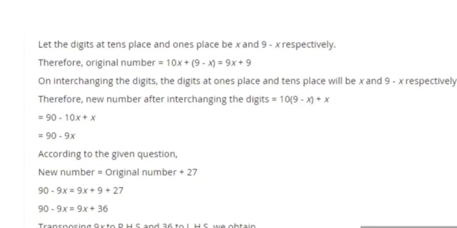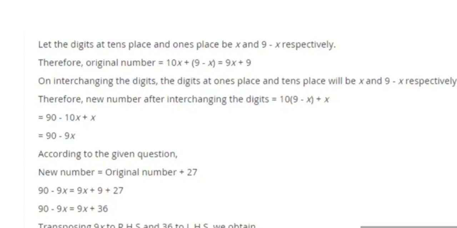So what will come? 10x minus x and plus 9. So 10x minus x is what? 9x plus 9. Now according to the question, on interchanging the digits, the ones place and tens place will be x and 9 minus x.